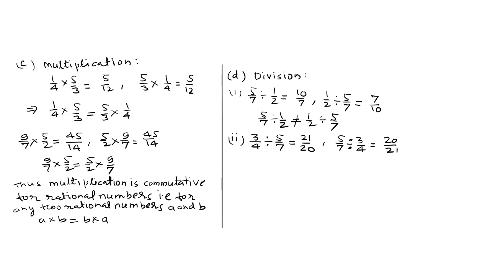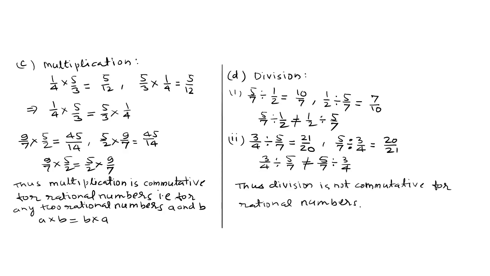And we see that 21 upon 20 is not equal to 20 upon 21. Hence we write that 3 upon 4 divided by 5 upon 7 is not equal to 5 upon 7 divided by 3 upon 4. Thus, division is not commutative for rational numbers.